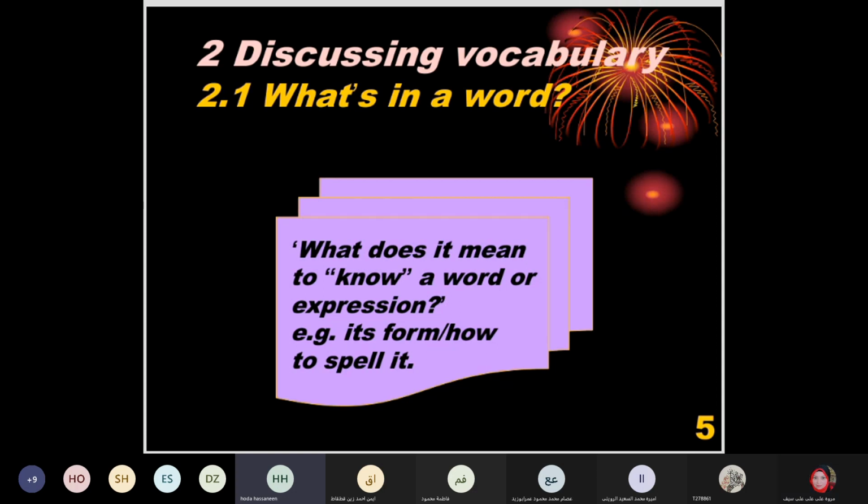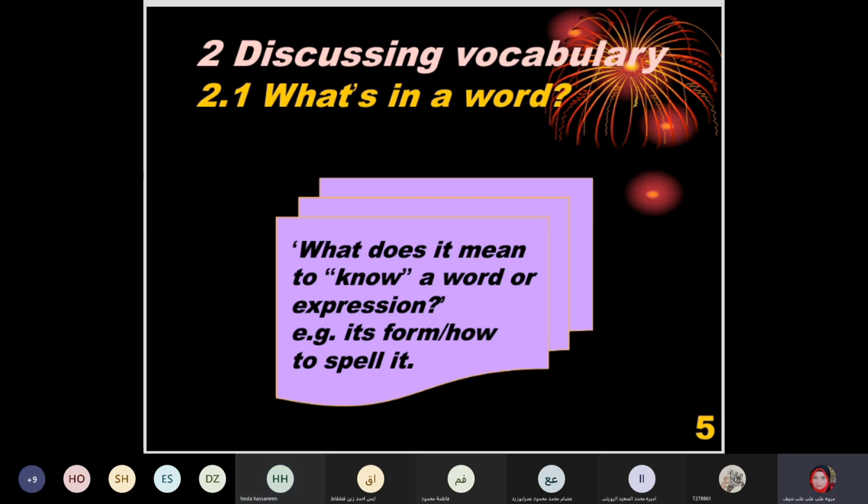When someone says that he knows the word, this means that he knows the meaning of this word. Anything else? Maybe the spelling, how to pronounce it. Okay, very good. The use of it, the usage in general. Yes.